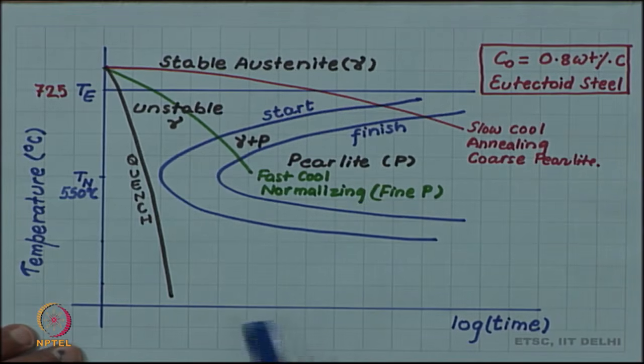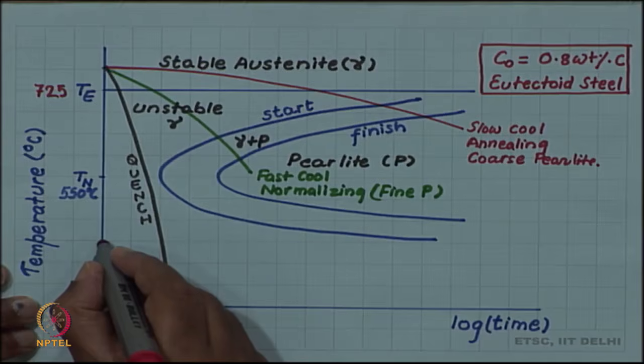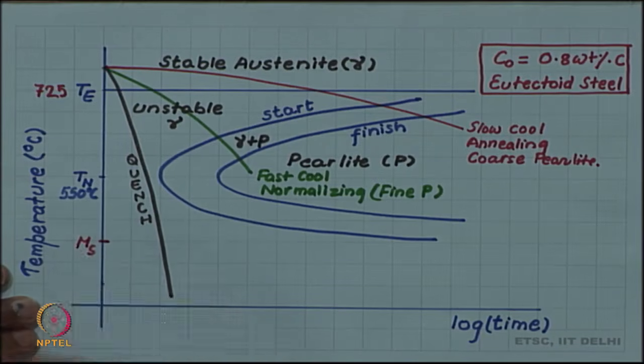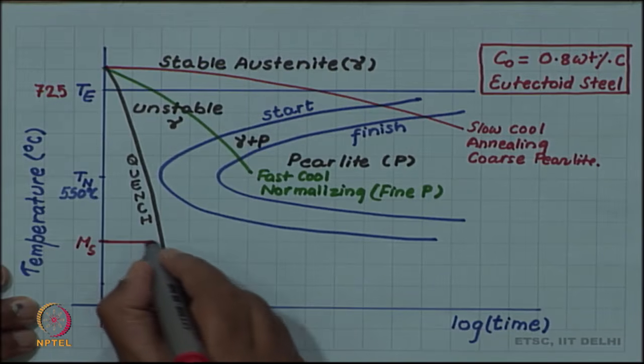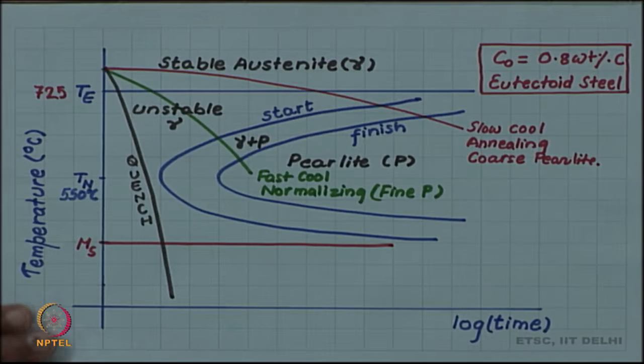However, in the case of austenite, this does not happen. Nature throws another surprise at us, and that is what is called the Martensitic transformation. What really happens here is that at some temperature, let me label it Ms, when I draw a horizontal line here, a new transformation begins, and that is called a Martensitic transformation.